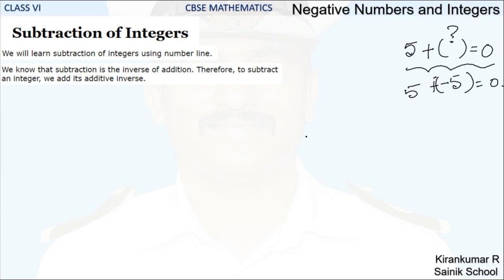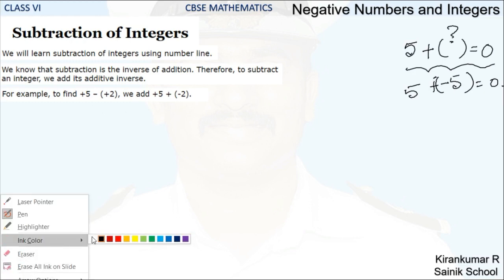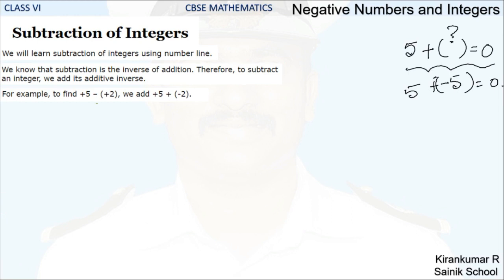For example, to find positive 5 minus positive 2, we add positive 5 with negative 2. So here I am taking the inverse of negative 2 and adding it.